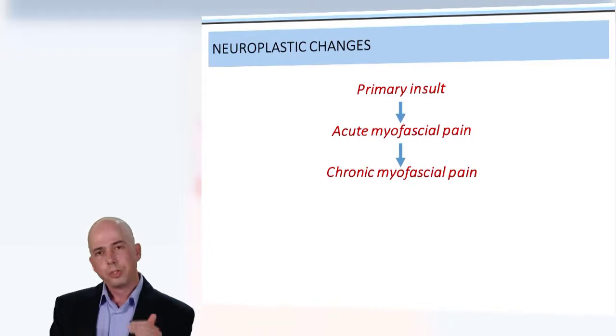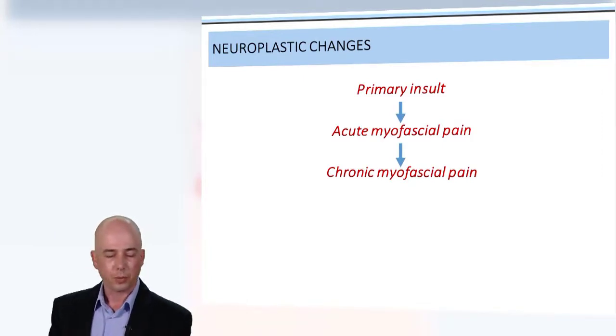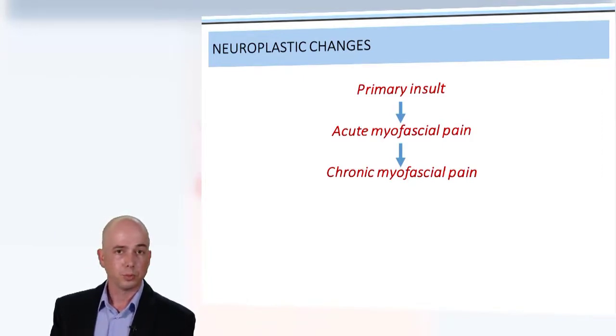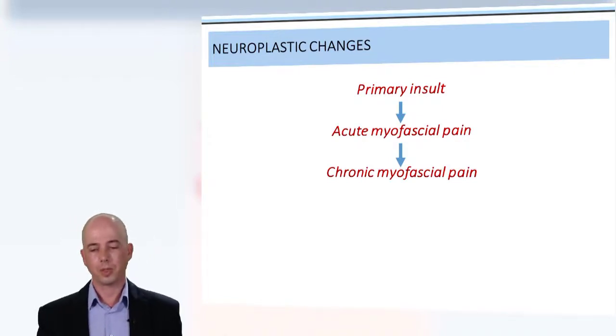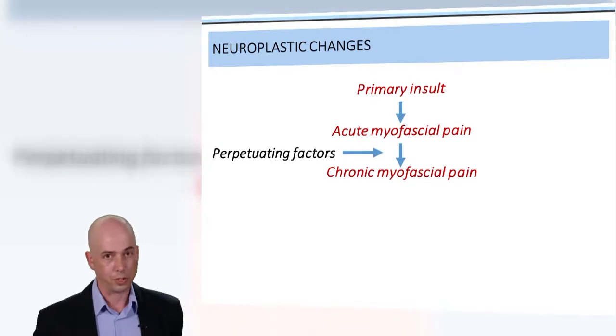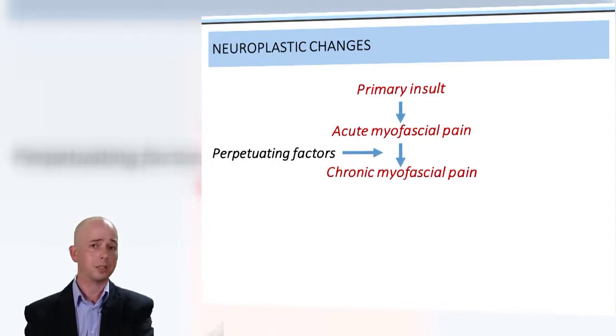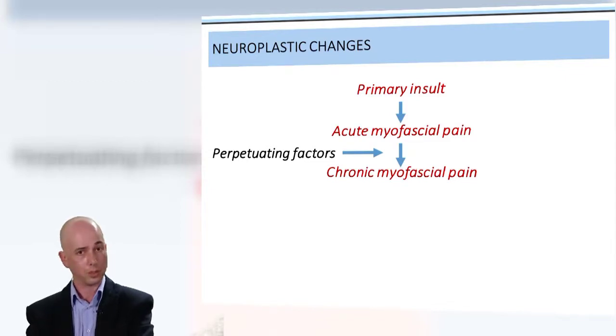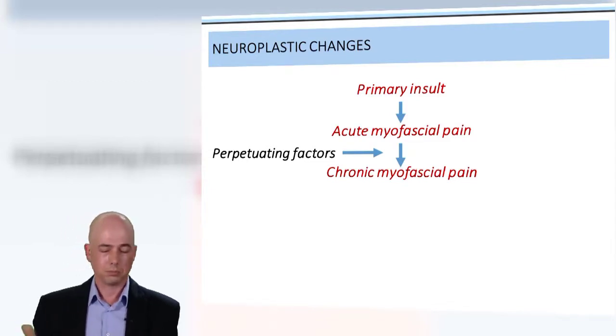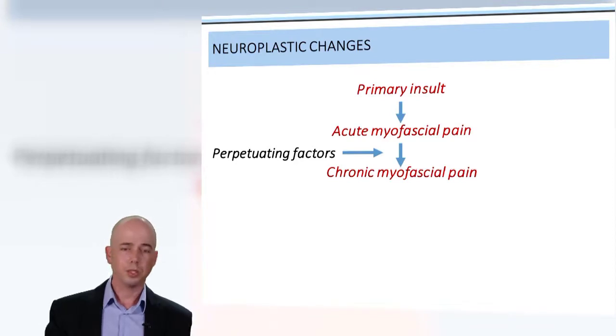So why would some patients develop chronic myofascial pain while most patients don't? We think that it has to do with something that we call perpetuating factors. These perpetuating factors are factors that predict who may develop chronic pain while others will not. And we divide them into three categories.